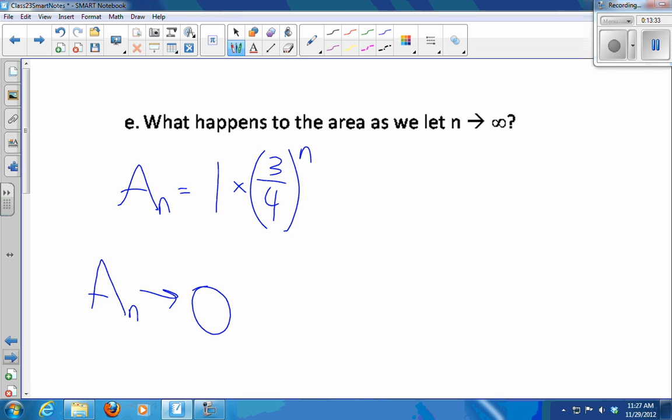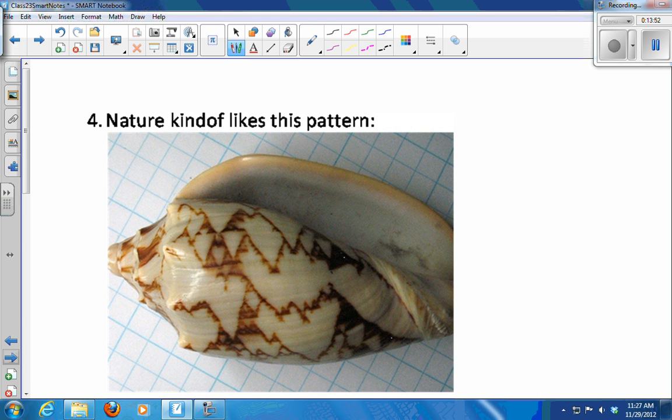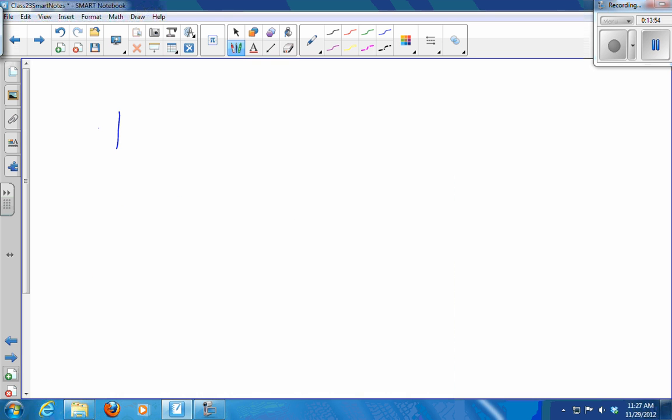So remember, the fractal itself is something that can only exist in our minds, and it's what exists after infinite iterations. So what is the area of the Sierpinski gasket? 0. It has 0 area. So when I say the Sierpinski triangle, I mean the one that you get after infinite iterations that can only exist in your imagination.